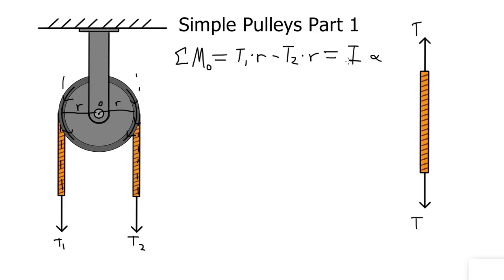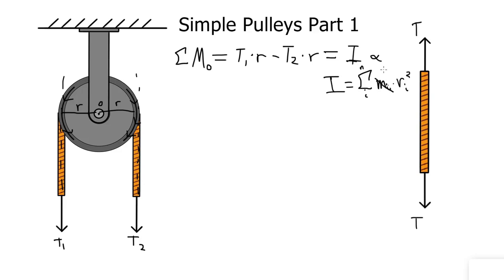This is going to be the moment of inertia of the pulley itself, and alpha is the angular acceleration of the pulley also. If we consider the pulley as massless, then m is going to equal 0, which in the end means that I is also going to equal 0, because the definition of I is the summation from i to n, the number of individual pieces of mass you have, of m_i times r_i squared.